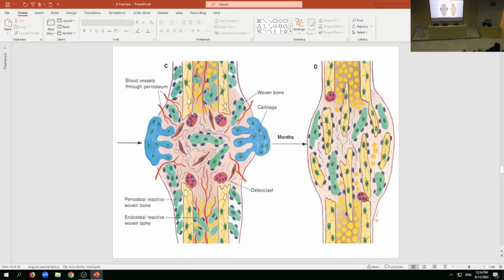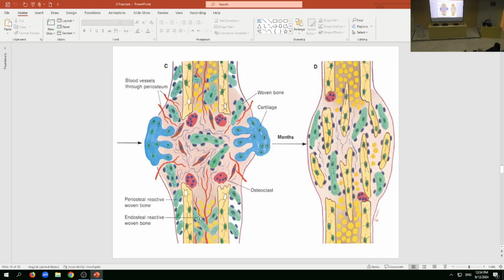They can repair. They eat up this jagged line of the cartilage. They lay up their field for all of this reactive bone to form under the periosteum and the endosteum.